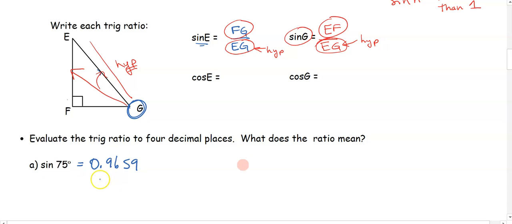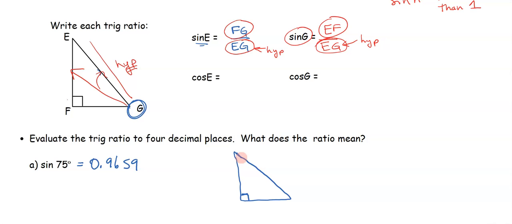Okay, and if I had to draw a diagram to explain what this ratio means, I would draw a right triangle, because SOHCAHTOA, sine, cos, tan, only applies to right triangles. And I would put the 75 degrees in one of my 2 acute angles, doesn't matter which one. Then this ratio is a comparison, opposite as compared to hypotenuse.